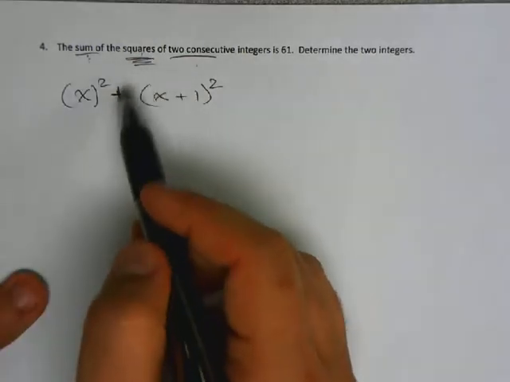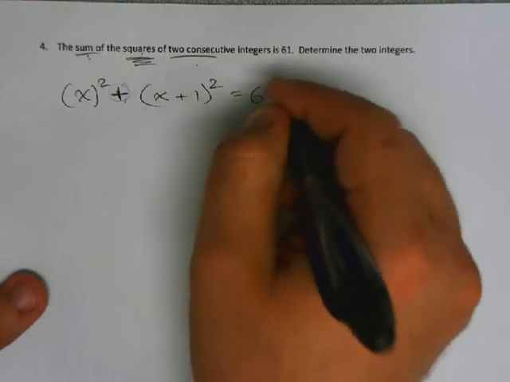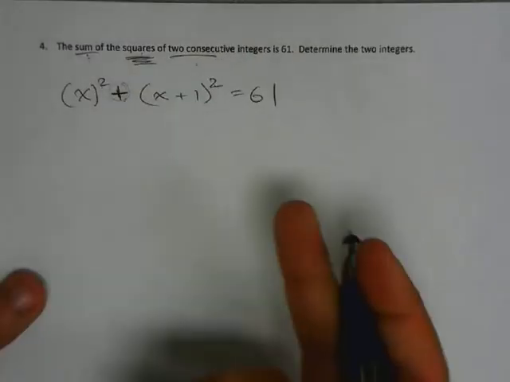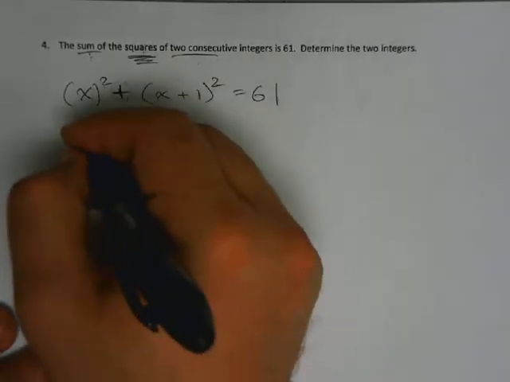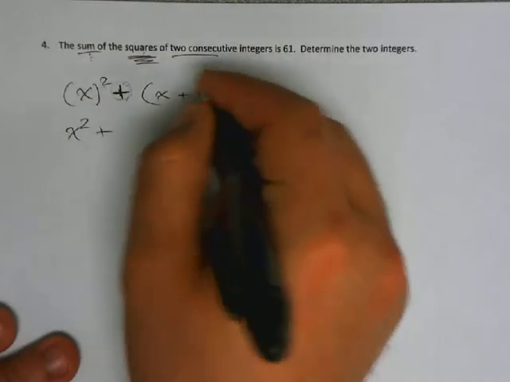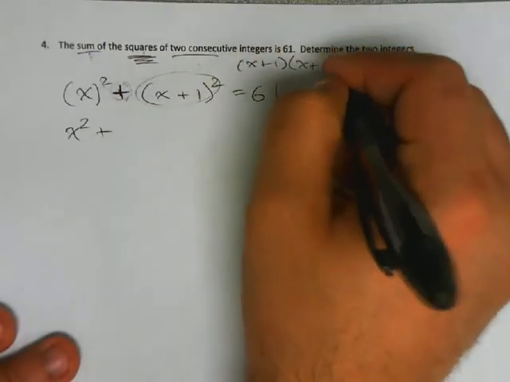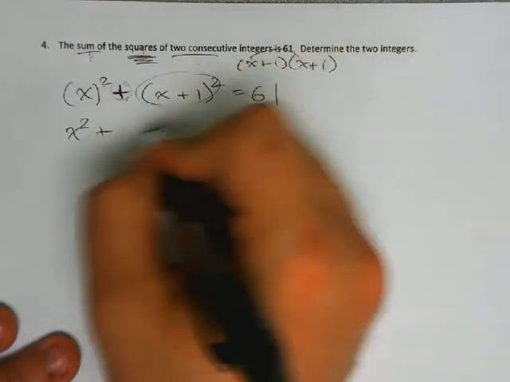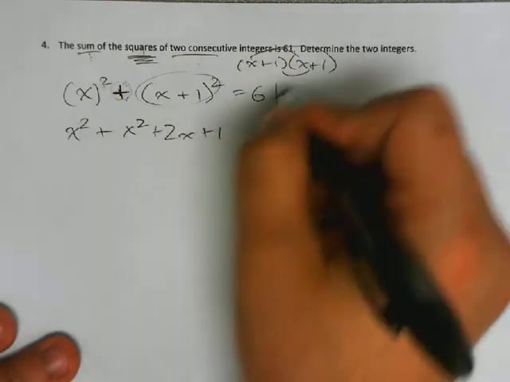So the sum of the squares of two consecutive integers is 61. Now again, this is going to look like standard form, but we have to try to expand and simplify. So we get x squared plus, this expanded and simplified, remember, is x plus 1, x plus 1. So that gives me x squared, x and another x, so 2x, and 1 times 1 is 1.